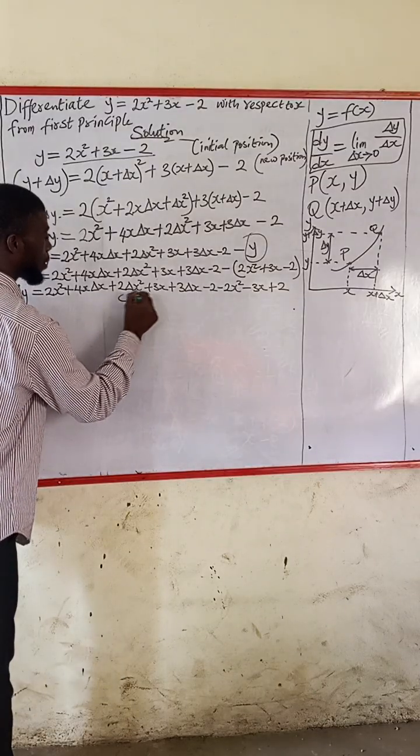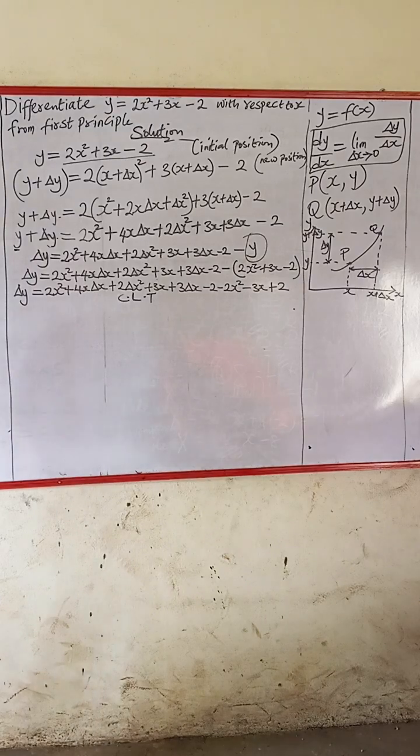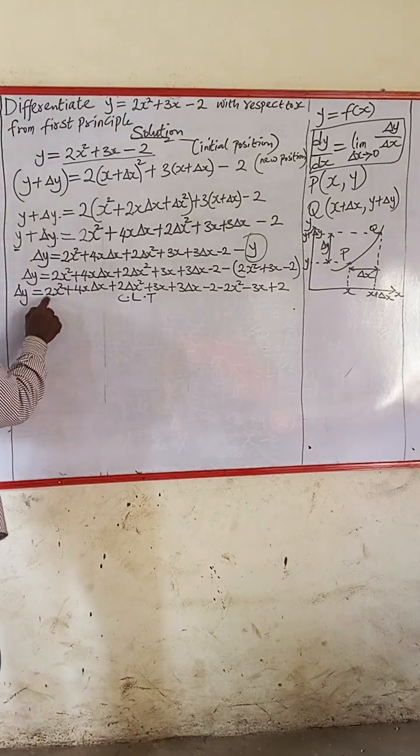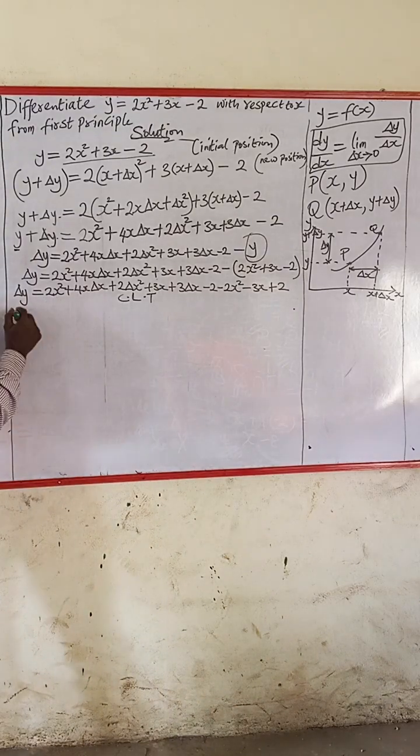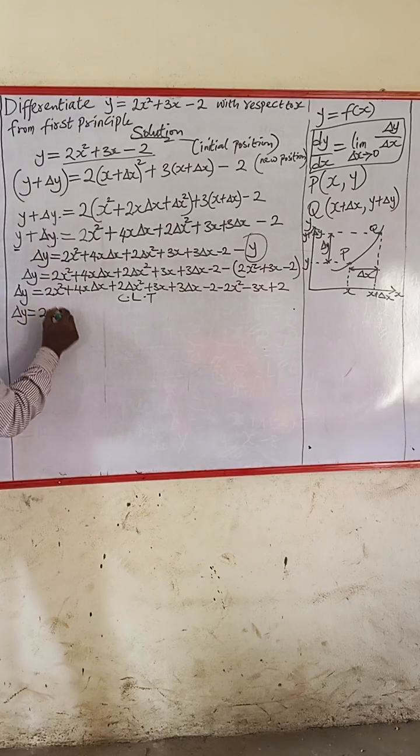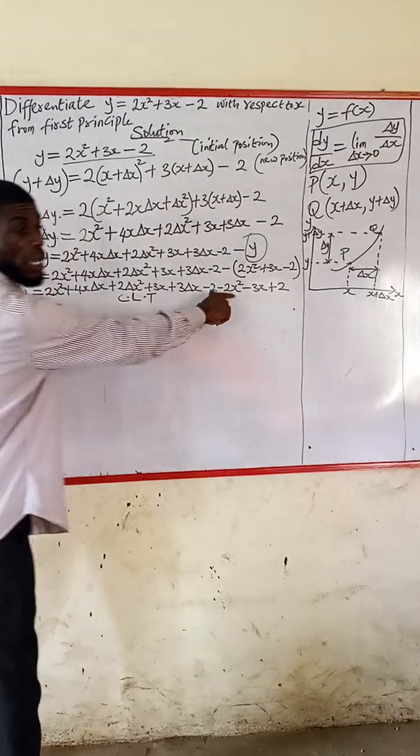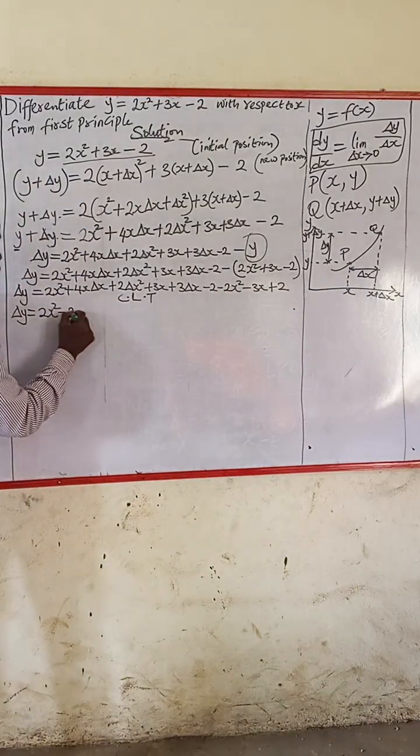So we'll collect like terms. When we collect like terms, we are having 2x squared. Okay, let's rearrange this so that it will be clear enough. This will now give us 2x squared. We also have a minus 2x squared here. They are like terms, so this is minus 2x squared.